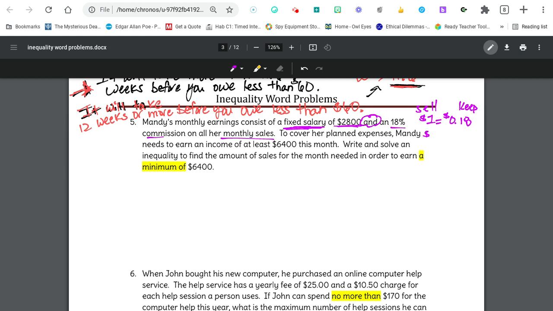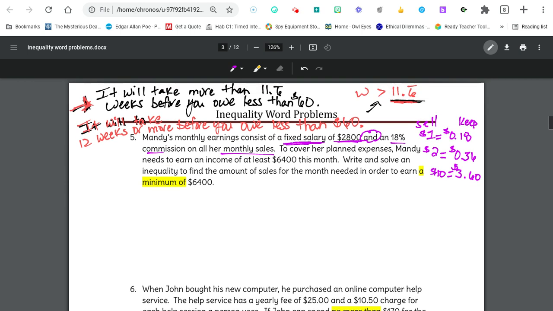If I sell $2 worth of merchandise, I get to keep 18 cents twice, which is 36 cents. If I sell $10 worth of merchandise, I get to keep $3.60. So basically you're keeping 18 cents for every dollar worth of merchandise you're selling. That's what 18% commission means.